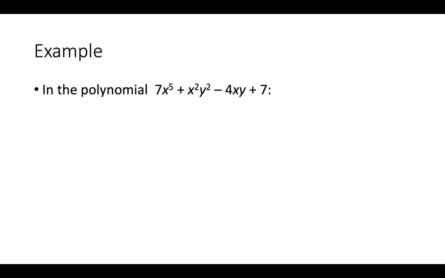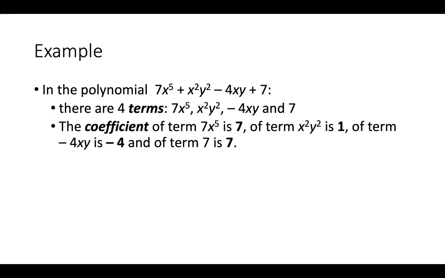All right, so here's an example of a polynomial, 7x^5 + x^2y^2 - 4xy + 7. This polynomial has four terms, which are 7x^5, x^2y^2, negative 4xy, and 7. So notice that any term that has a minus in front of it, we think of that term as starting with a negative.